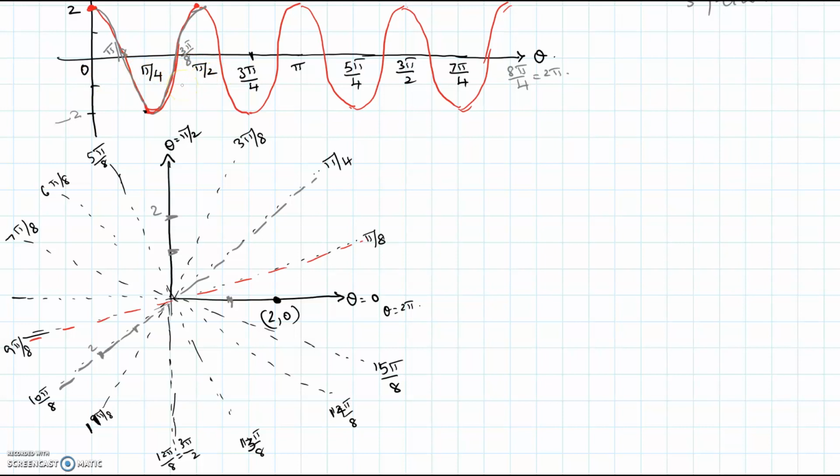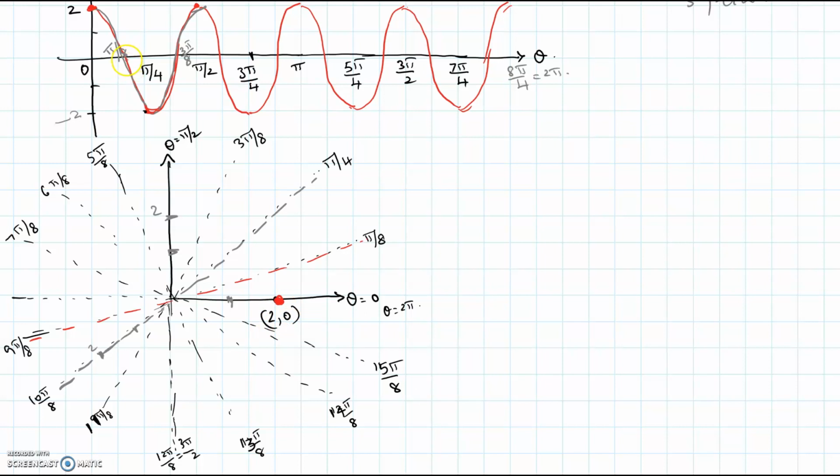You get 5 points like that. It starts off when theta equals 0, r is 2. So on the line theta equals 0 you mark 2 units for r. That is (r, theta) equals (2, 0).